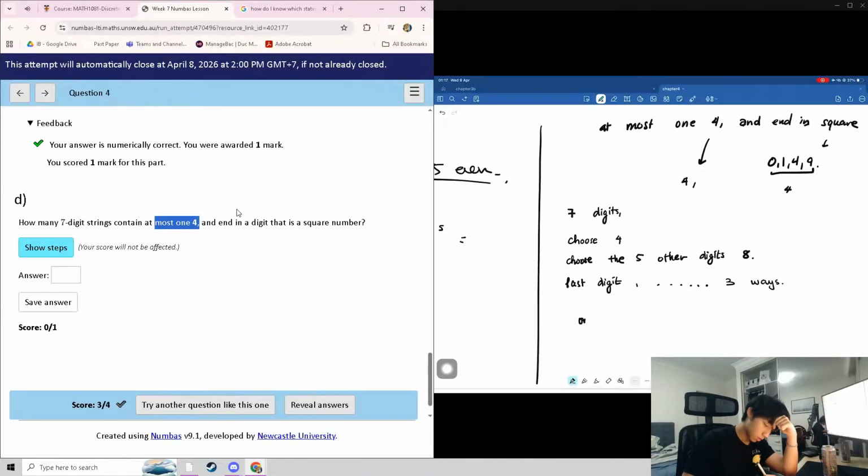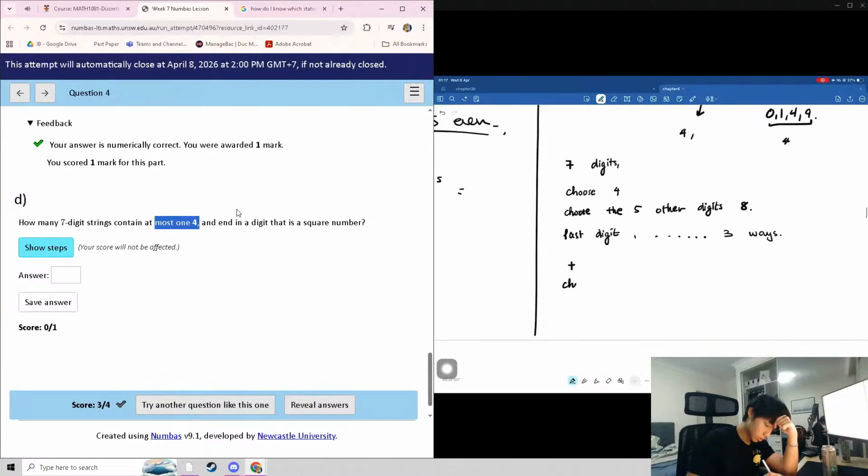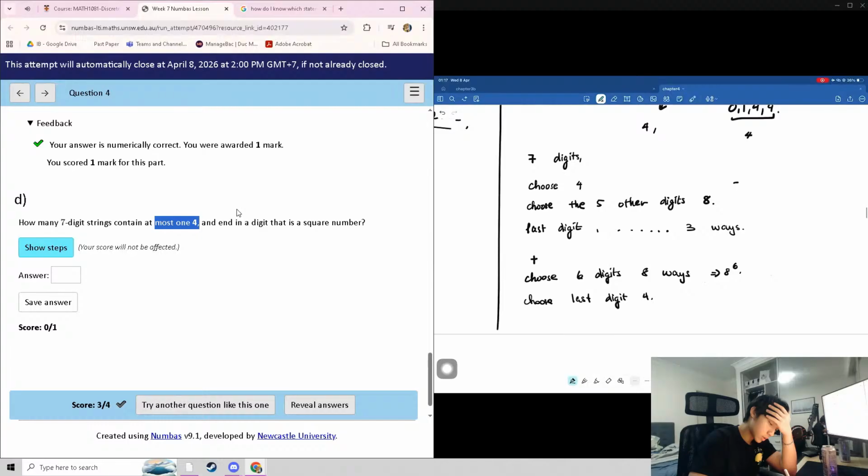Or plus. Choose 6 digits, 8 ways. Choose last digit, 4.